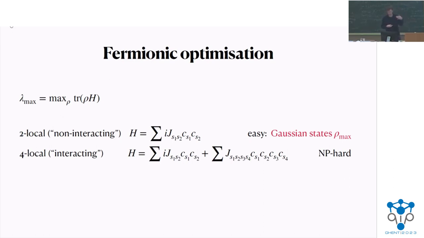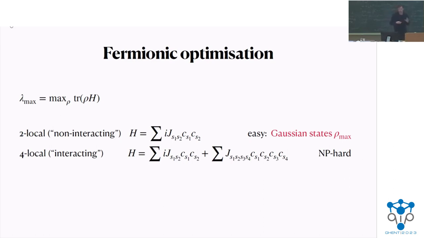Those would actually be the two-local Hamiltonians in the fermionic case. They're a bit more complicated, but they're still easy to solve in this sense. The ground states are going to be Gaussian states. If you have never heard of Gaussian states, you could take this as a definition of pure Gaussian states: they are the ground states of particular quadratic Hamiltonians. This is good enough.